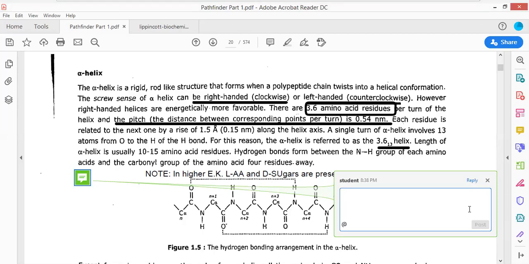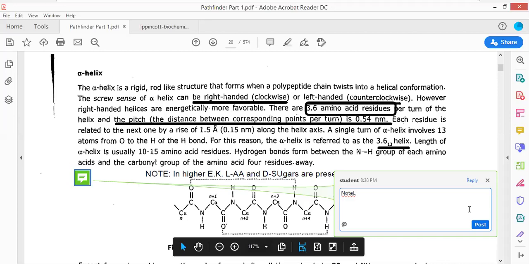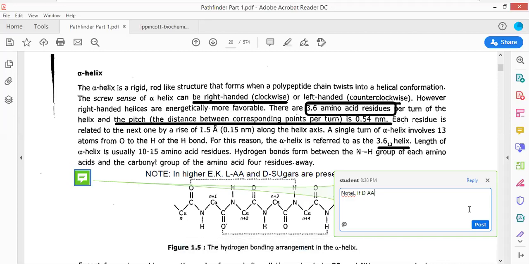So what I am trying to tell you here is, look at the note that I am writing. You should have a look at the note. See, if D amino acid residues are taken for alpha helix formation, the left-handed alpha helix will be more stable.